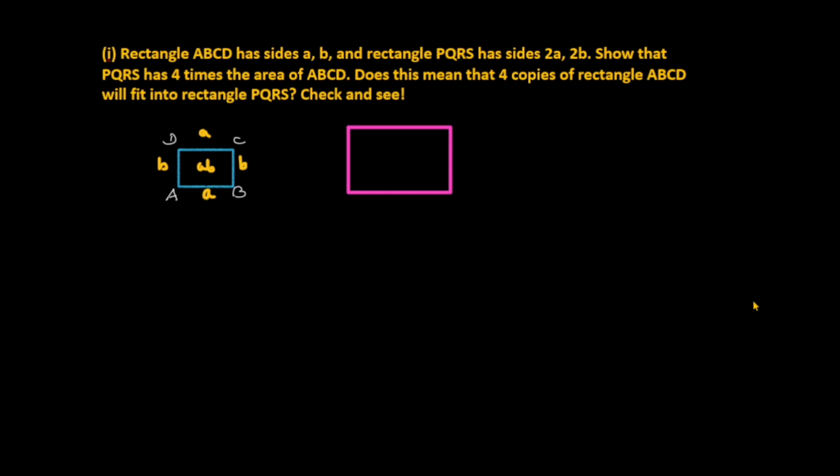Now, PQRS 2A 2B. So, PQRS, this is the rectangle with sides 2A and here also 2A, 2B, 2B. So, area is 4AB. Length into breadth 4AB.